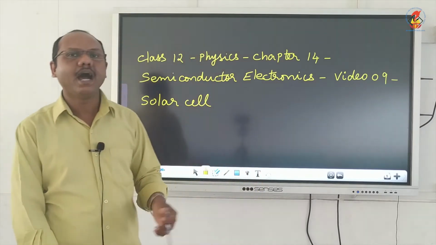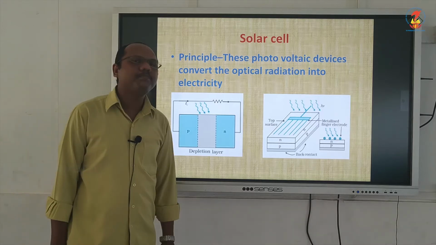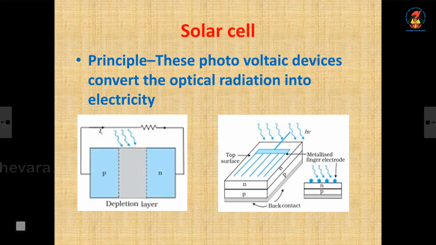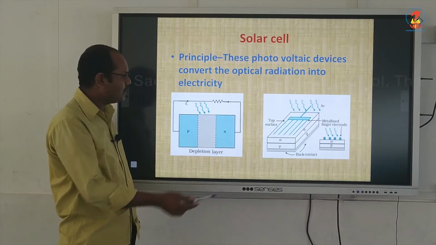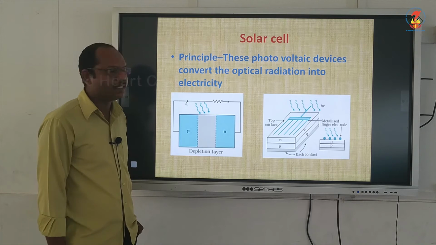So let us see how a solar cell works. The principle of a solar cell: these photovoltaic devices convert optical radiation into electricity. It will directly convert optical energy to electricity. So this is the picture, a P side and N side, it is a PN junction diode, and there is a provision for the light to fall at the junction.